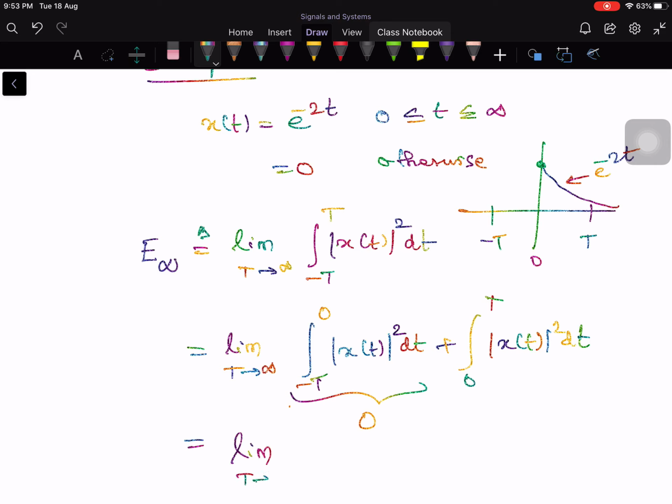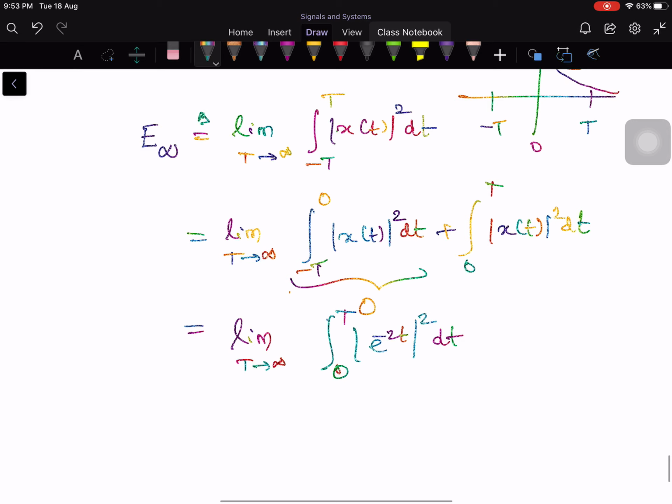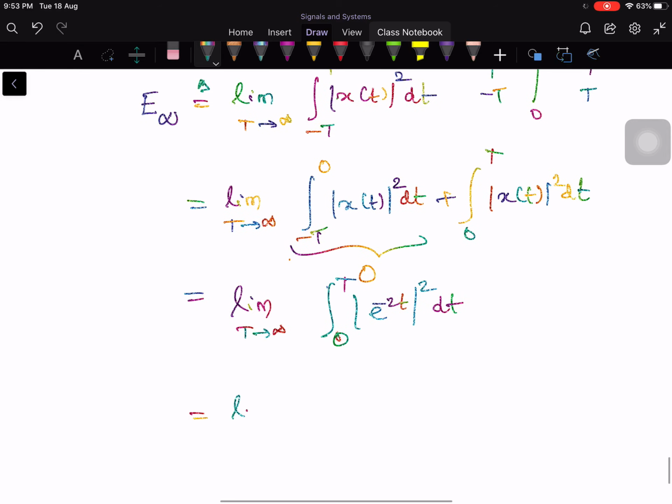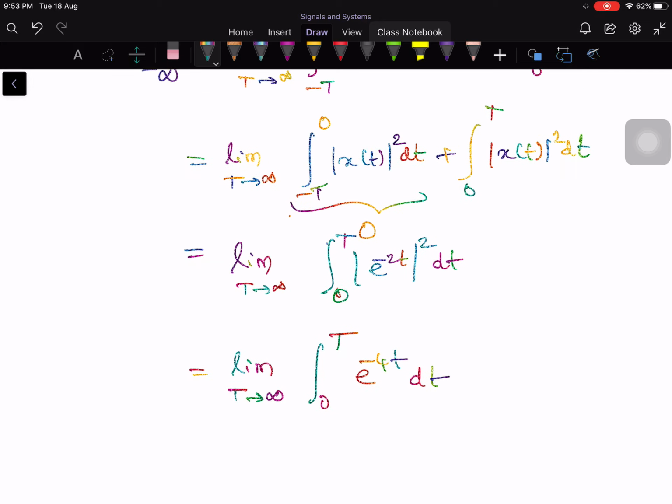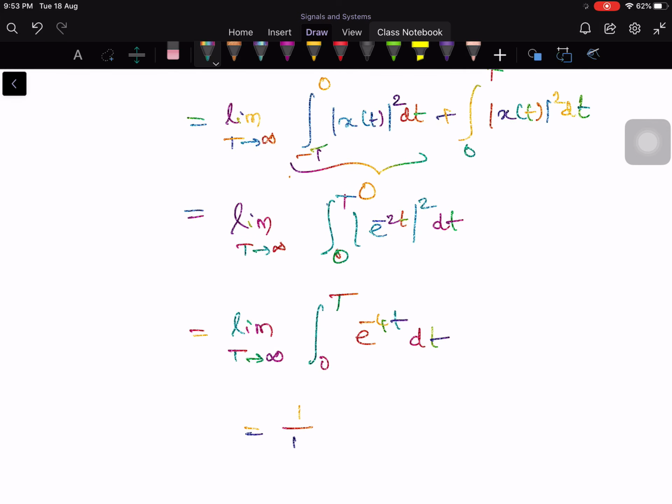So limit T goes to infinity, integral of 0 to T e to the minus 2t, take modulus and square it, and then integrate from 0 to T. So it's a simple integration. It is a real signal, so there is no need to take a modulus operation. Integrate and substitute the values. Finally you will end up with 1 over 4. So this is your E infinity.